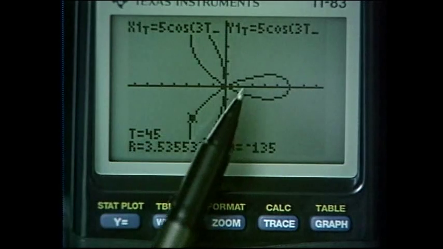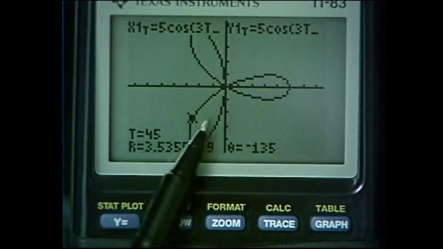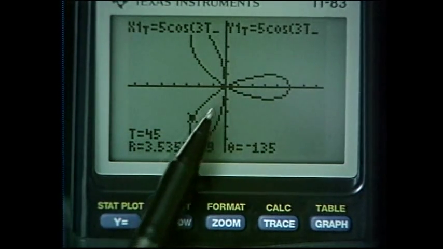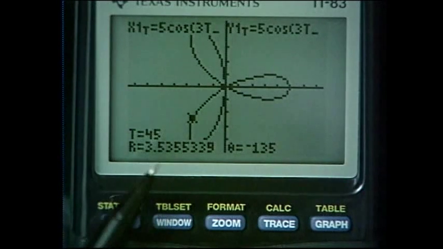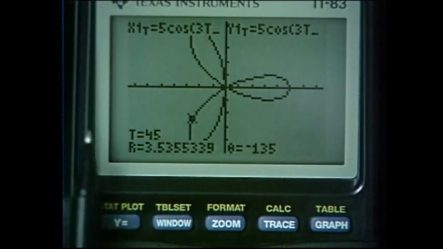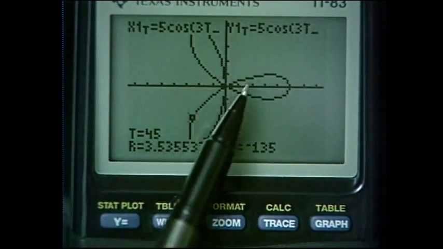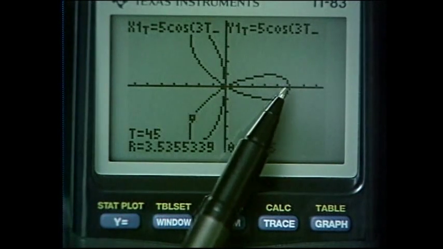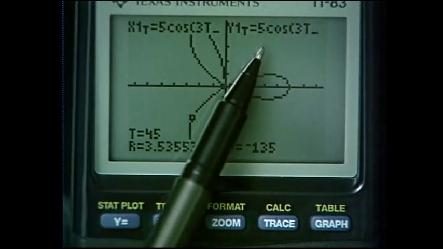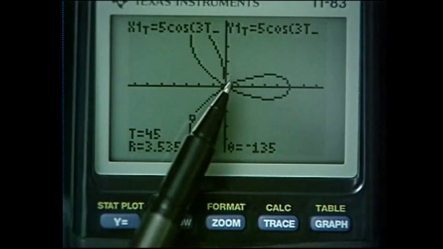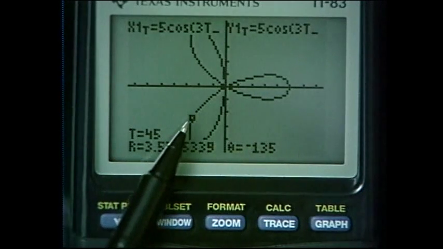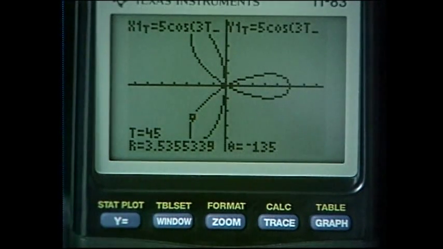This theta is being measured negatively in this fashion, and then the r value can be given as a positive number. What we would have done a little while ago, as we were alluding to, is measure that angle as 45, and then take the r distance to be negative from the pole, in this direction. So at any rate, we get to the same point.